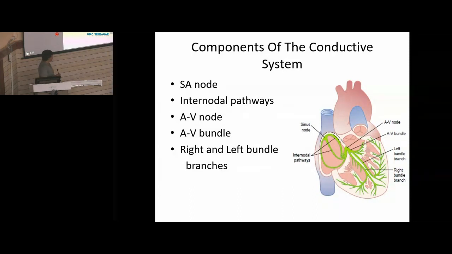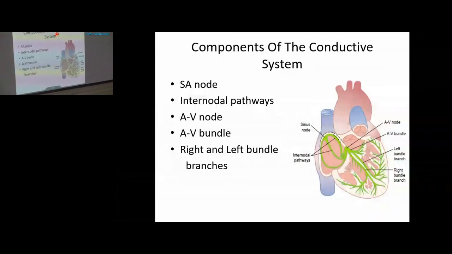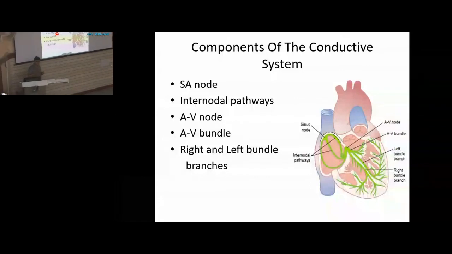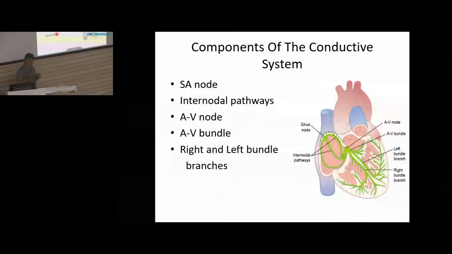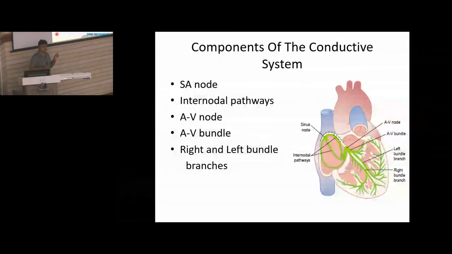You see here, SA node lies in the right atrium. This SA node is connected to AV node. AV node is also in the right atrium, near the inferior part of the interatrial septum, just on the right side towards the right atrium, at the inferior part lies the atrioventricular node, or AV node.